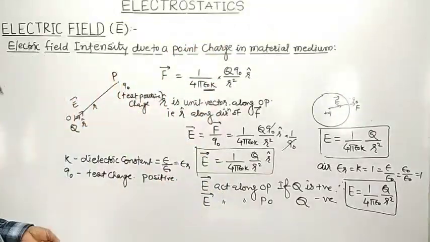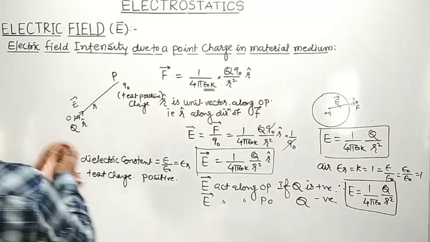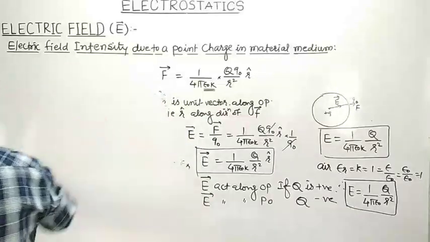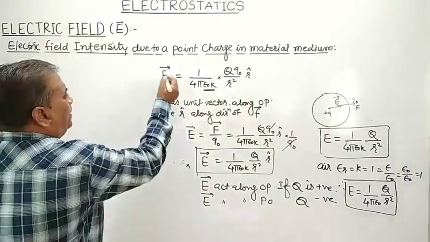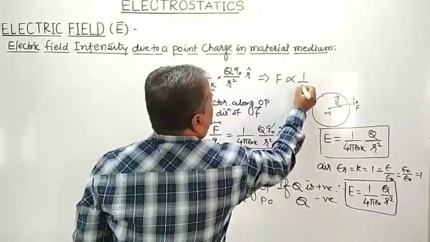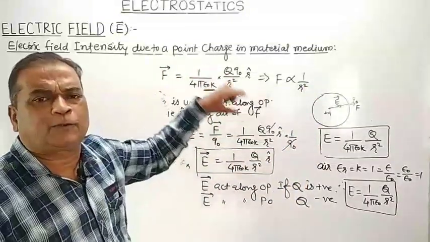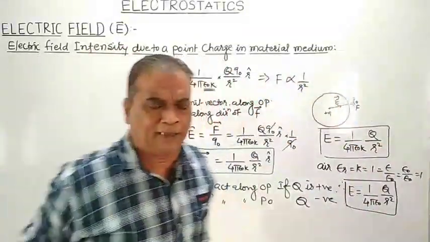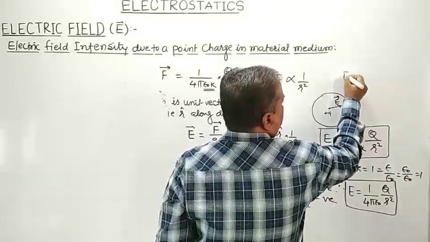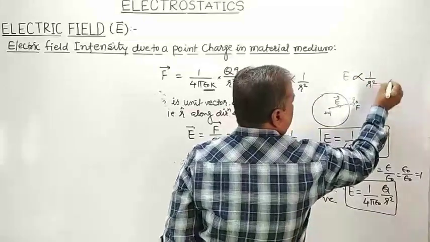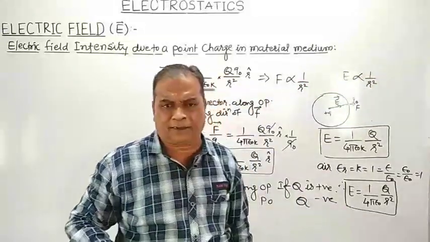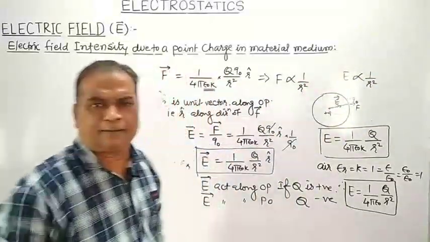Remember, as far as Coulomb's force or electric intensity is concerned, the Coulomb force between two charges is inversely proportional to the square of the distance of separation between the two charges, and the electric intensity due to a charge at a distance r is inversely proportional to the square of the distance between the given charge and that point.